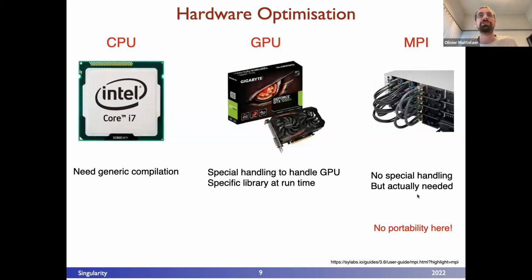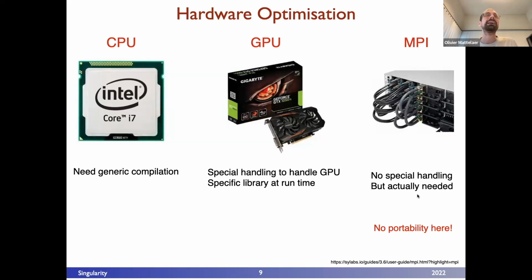And here the situation is not that great, to be honest. We'll see that a bit later, because portability here is extremely difficult to get. It's not impossible, but as soon as you try to use MPI, let's say in a non-trivial way, you will very quickly face issues with non-compatible versions and stuff like that.